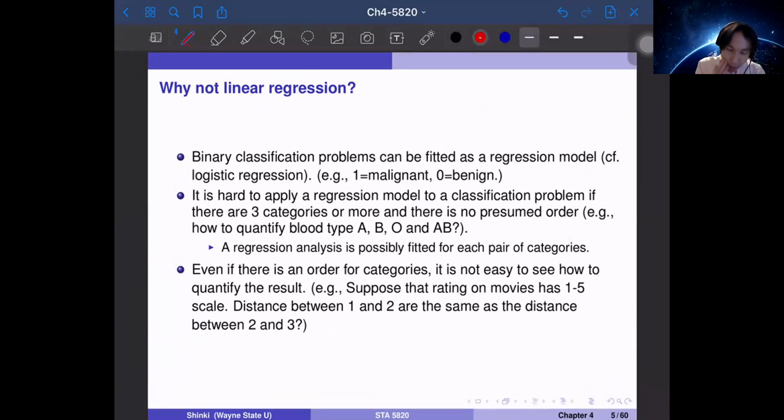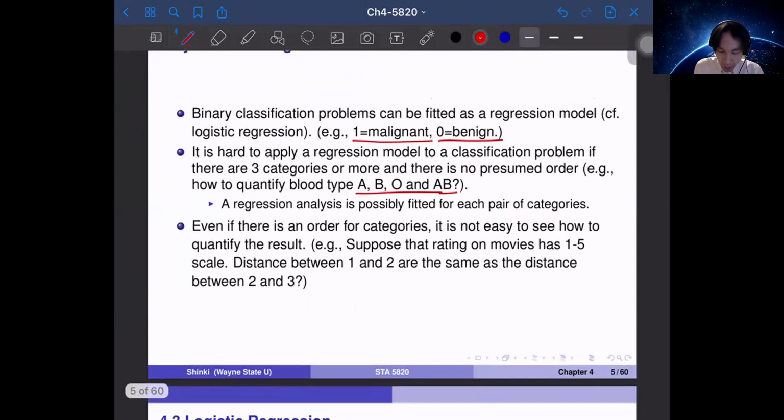And as for why we cannot use linear regression, the reason is almost clear. If we have 2 categories, we can still make 1 as one group and 0 as the other group. But if we have 3 categories, we have more problems. For example, if we predict blood type from other body measurements, how do we align A, B, O, and AB? That is not really clear. So that's why we cannot use linear regression.